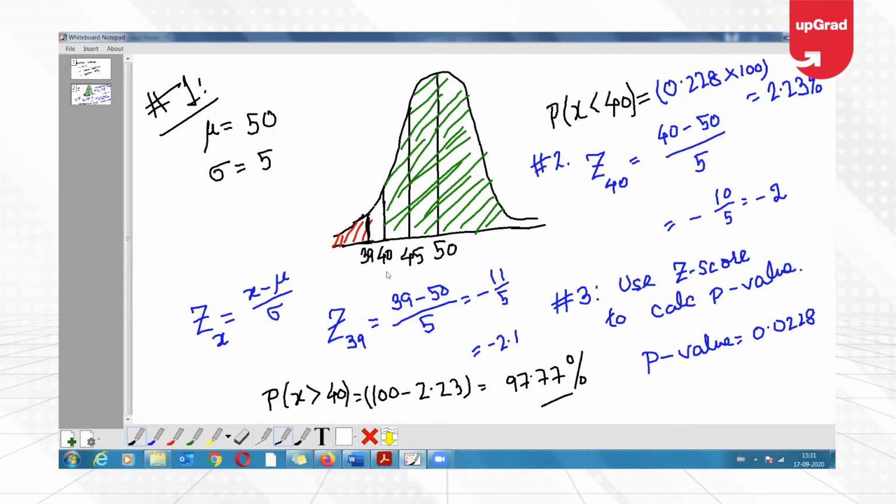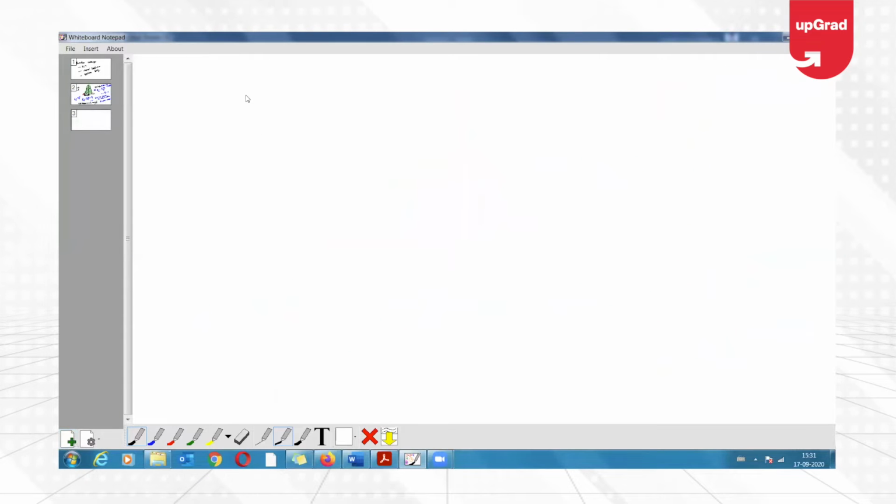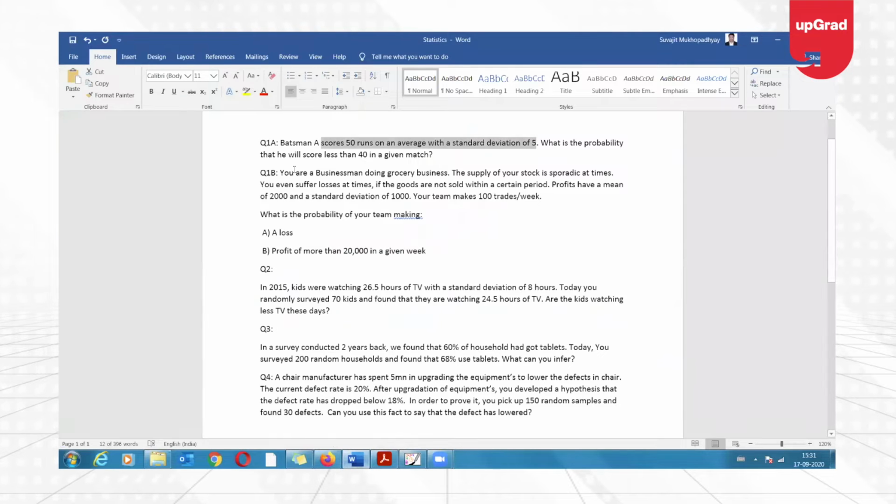So now let's move to the next problem. So let's look at problem number 2. So let's read the problem. You're a businessman doing grocery business. The supply of your stock is sporadic at times.